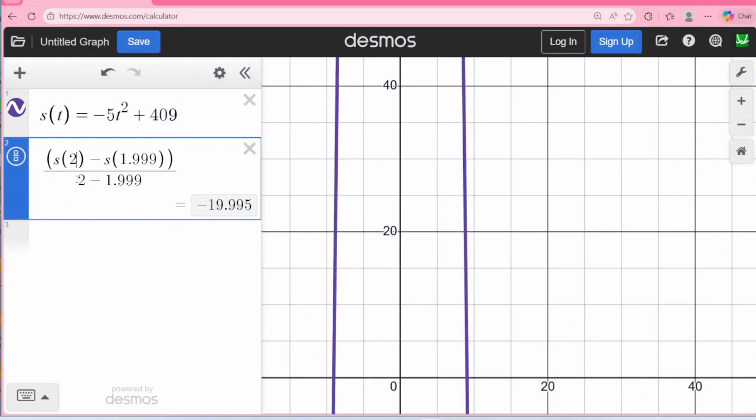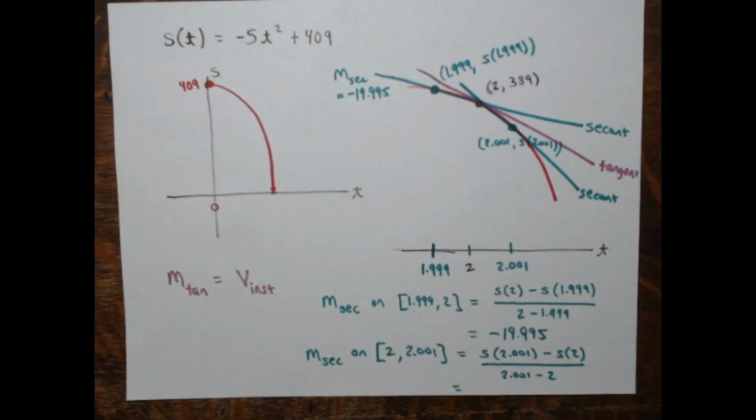So we got S at 2.001 minus the value of S, the height at 2, and then divided by the change in time, 2.001 minus 2. And it's got a slope of negative 20.005.